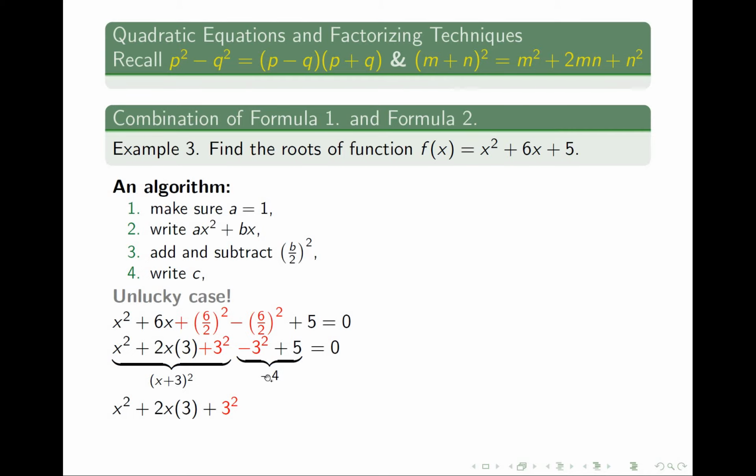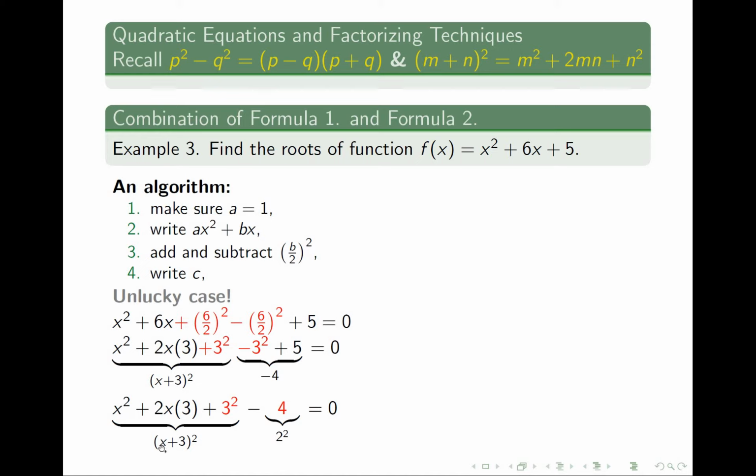If we look at this one, I can rewrite it as (x plus 3) to the power 2 minus 4, and 4 I can of course rewrite as 2 squared, and then equals 0. So when I write it in this form, we have an expression squared and another expression squared.